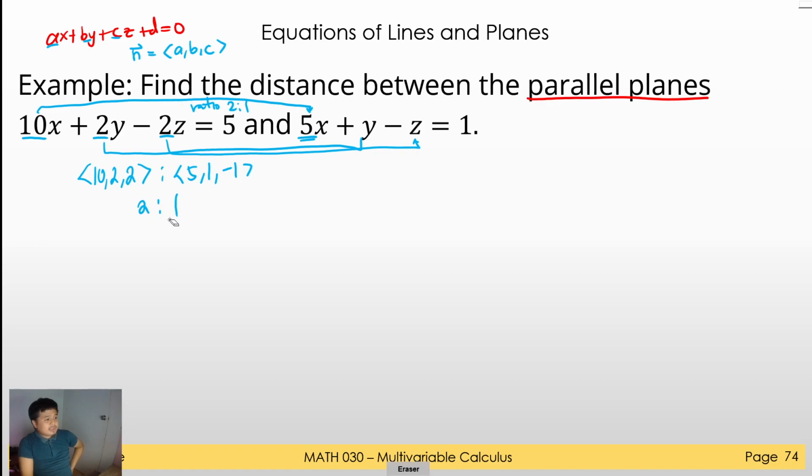If we have this consistent ratio, then they are parallel. It could be any ratio. It is not limited to 2 is to 1. It could be 1 is to 3, 1 is to 1.5, and so on.